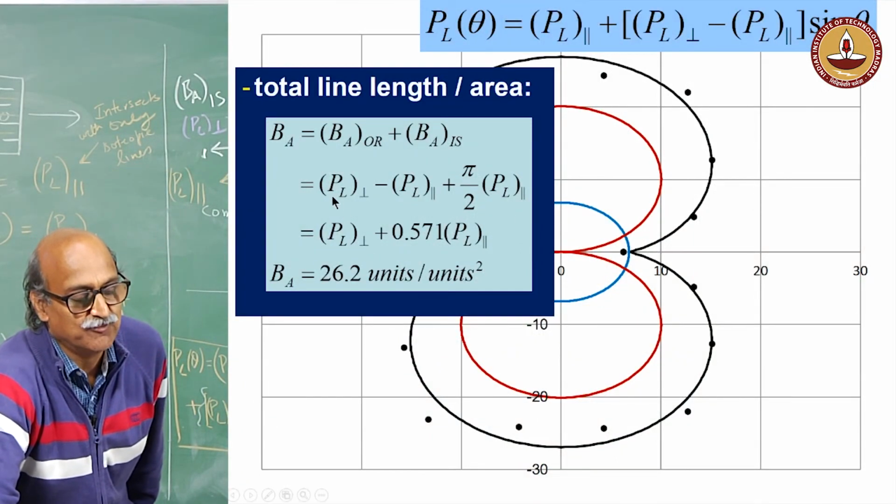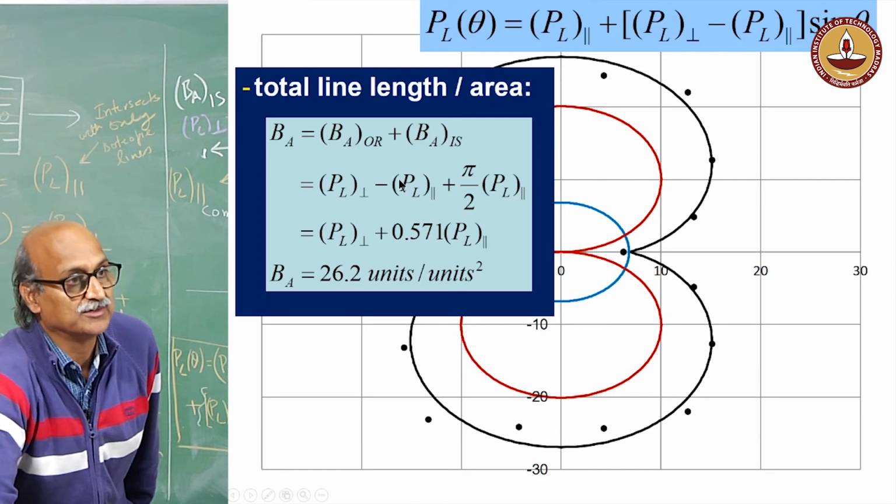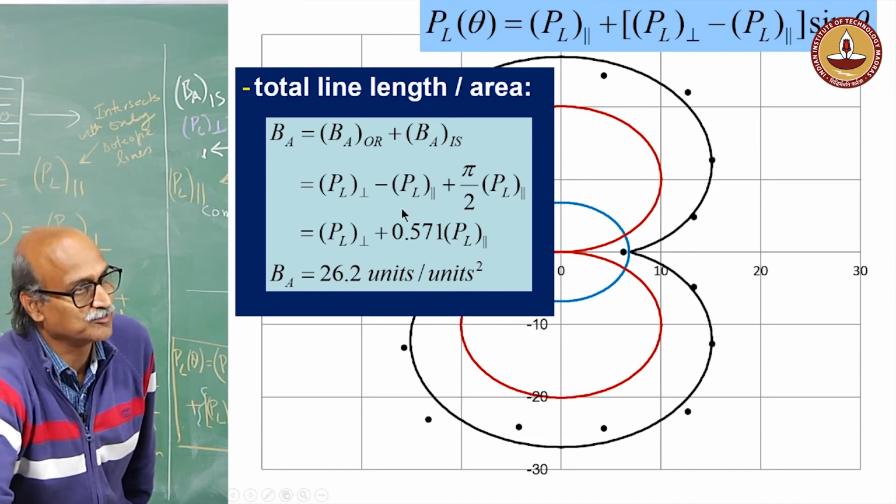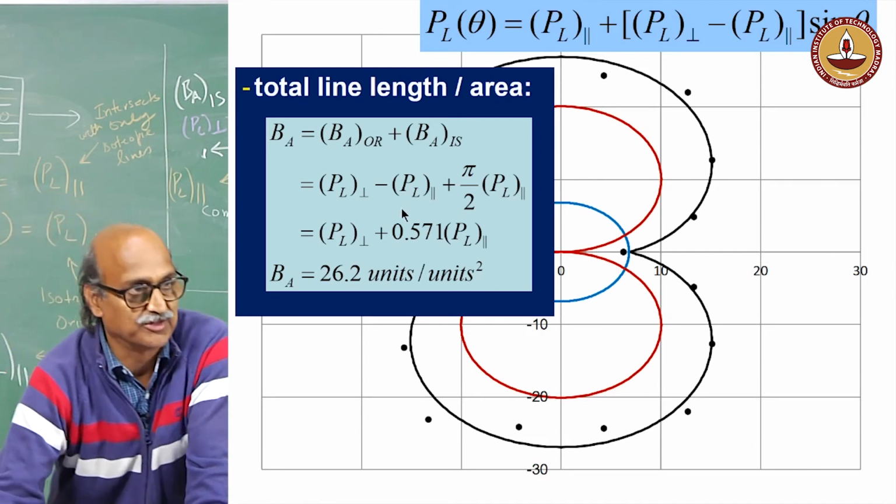Then I would be able to get the oriented as well as the isotropic component just by making two measurements on such a structure.